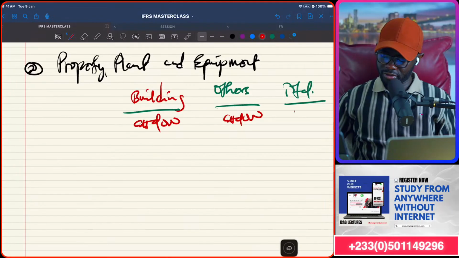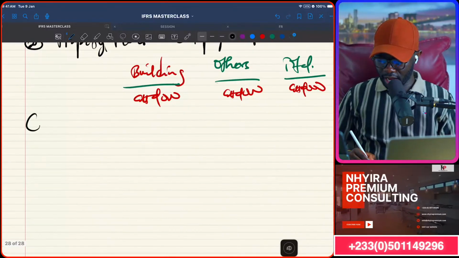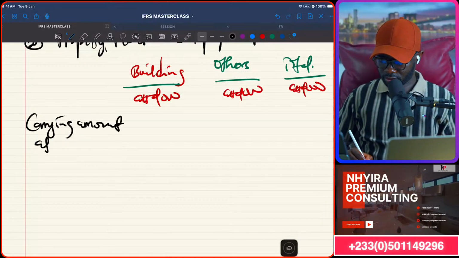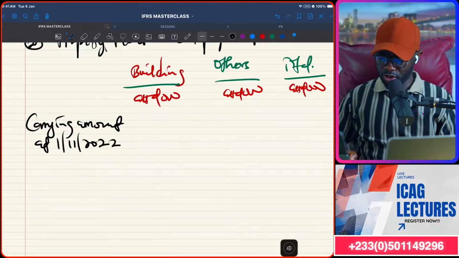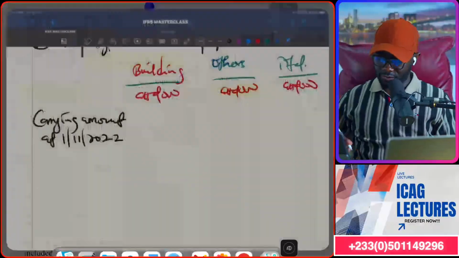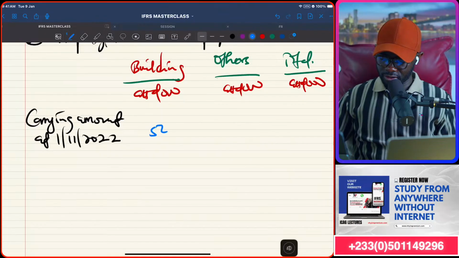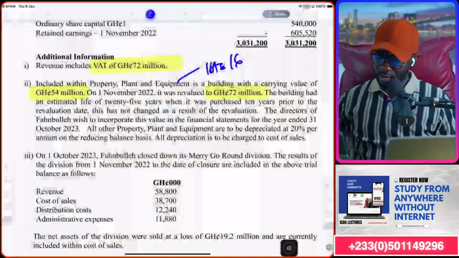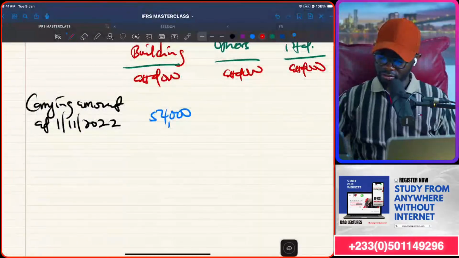Working 3 zeros up. There. So we bring in the carrying amount at the beginning of the year, 1st November 2022. The building carrying amount is 54 million. So that's 54,000. The others will mean the balancing figure. So the total is 1,620,000.